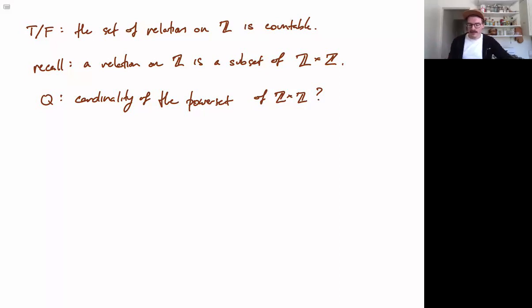So now that we've written it like this, maybe we remember some facts that we have proved about the power set. Maybe we didn't prove them, I'm not sure, but we know them to be true. Here is a fact that we know to be true.